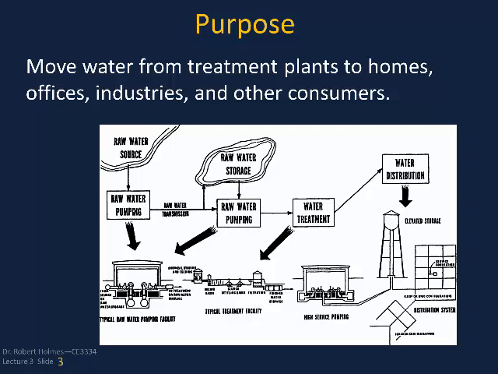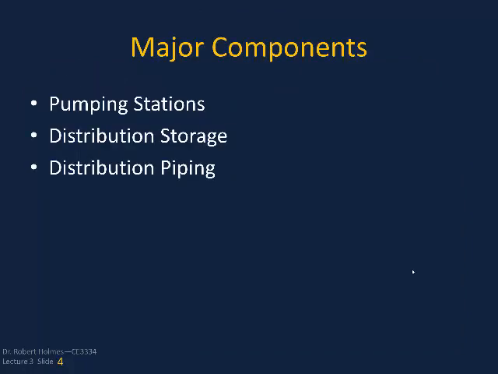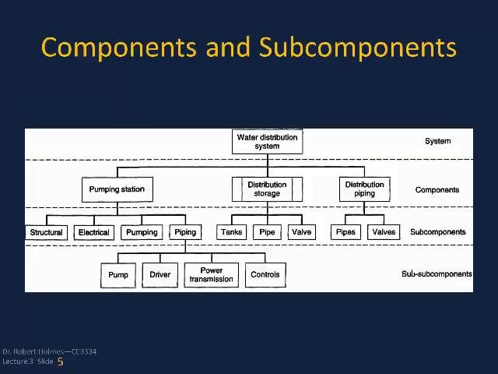And so throughout the system, we have pumping to the treatment plant and then out into the water distribution system itself to get it to the end user, be it residential, commercial, government, or whatever. So the major components are the pumping stations, distribution storage, and distribution piping, and we're going to talk a little bit about that.